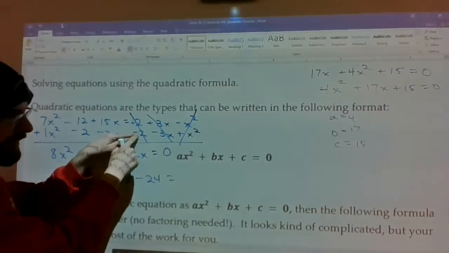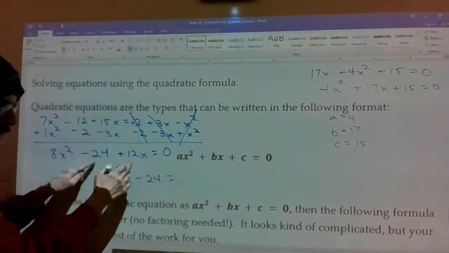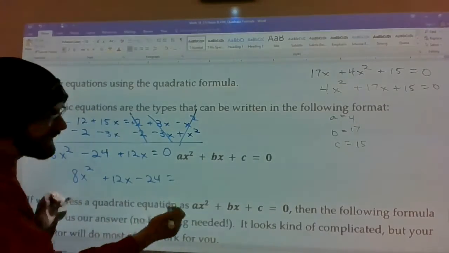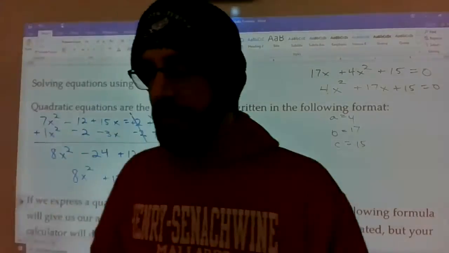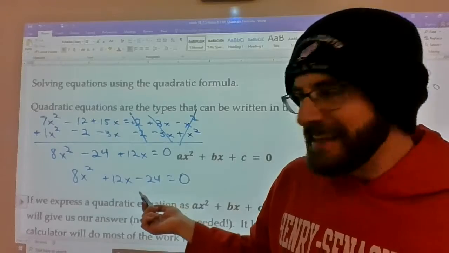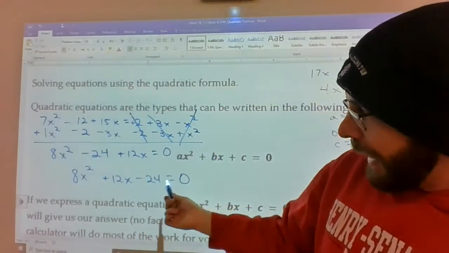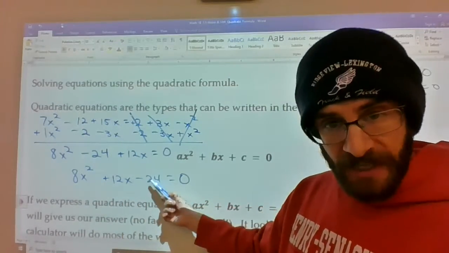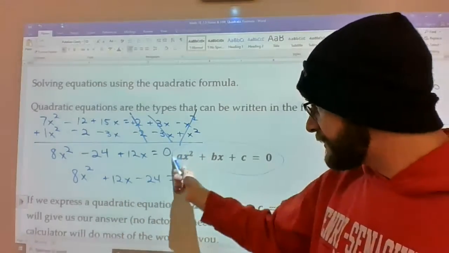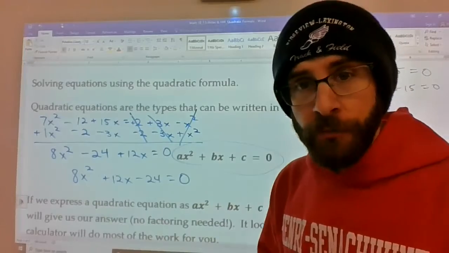Notice I didn't do the opposite operation here because they're on the same side of the equation. So if you look at this and you're like, yeah, I think I know how to get everybody to look like ax squared plus bx plus c equals 0, just like this, half the battle's over.